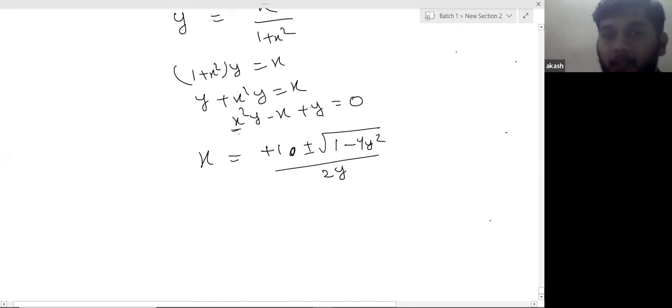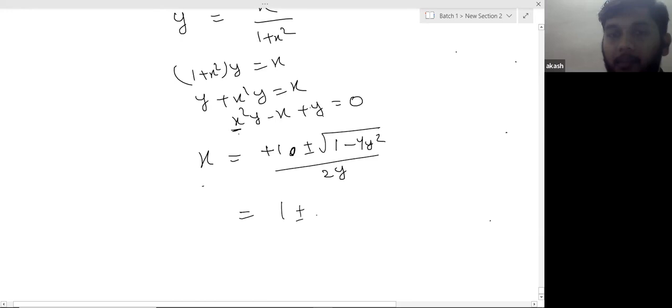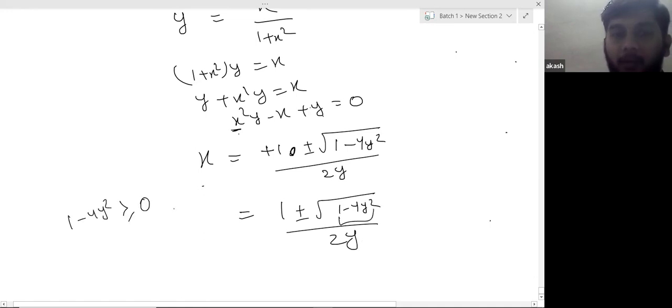This was a quadratic in x, so I used the quadratic formula. So the final expression is 1 plus minus root of 1 minus 4y square upon 2y. Now to find the range, this has to be greater than or equal to 0, and y cannot be 0, because it is in the denominator.